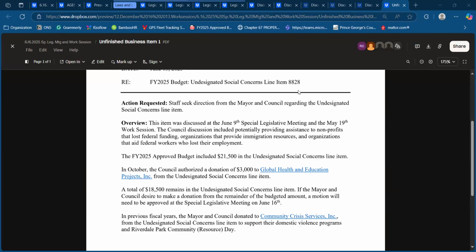Mr. Mayor? Councilmember Smith. I think moving the funding to the economic development budget is prudent here. We know that this funding can be effectively used in our community, but we don't have the specifics right now.